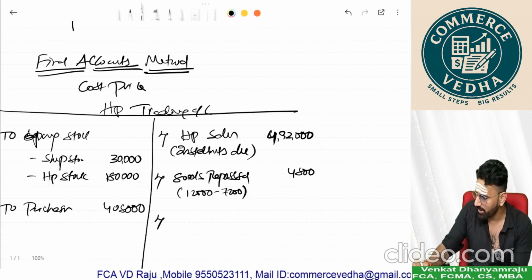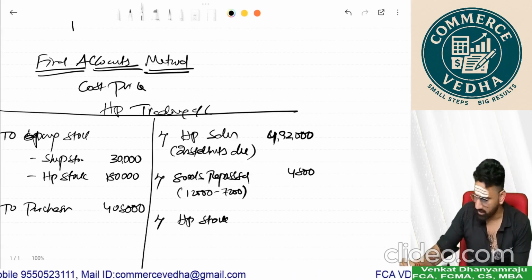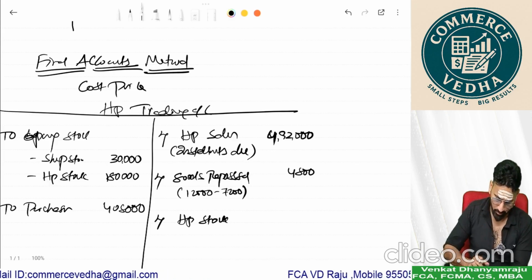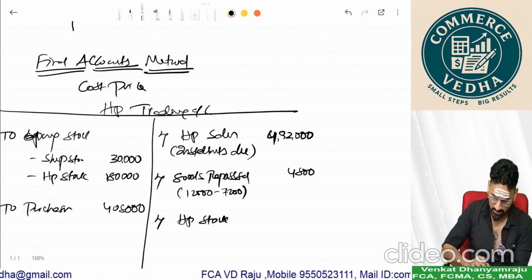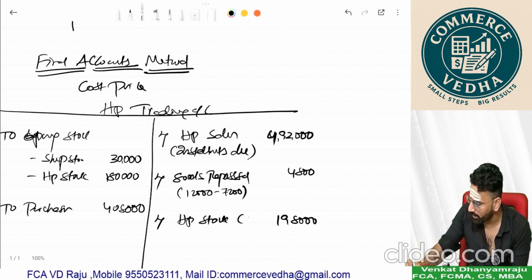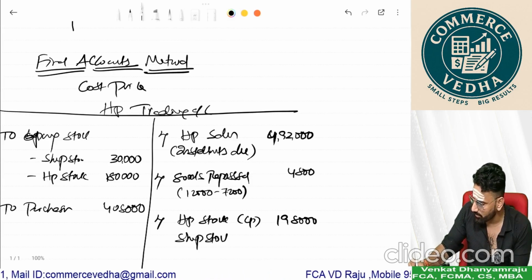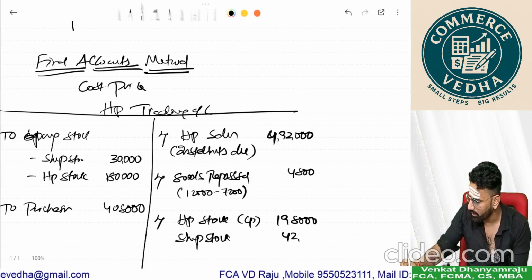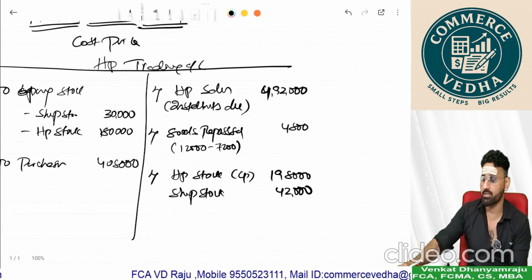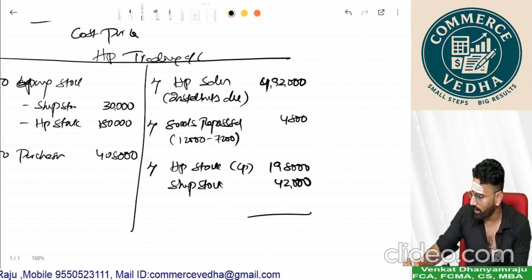And by HP stock closing balance, which is 2,64,000 hire purchase price minus 66,000, 1,98,000 cash price, and shop stock. Shop stock is 42,000. We don't consider debtors here because this is the proper final accounts method.